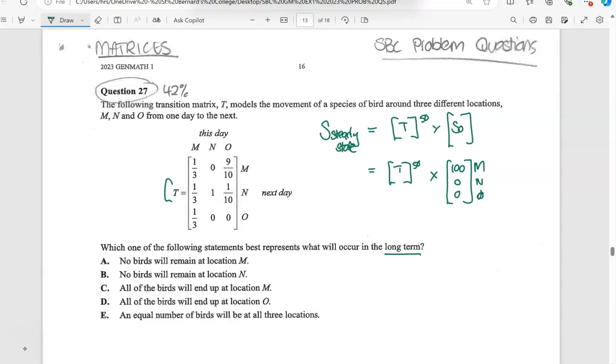When you do that, it ends up producing this. You have a very, very small number, which means 0. If you see e to the power of negative something, it means it's 0. And then you'll see this one is close to 100, and 0. So what you know is all the birds end up at N. That's what happens in the long run.